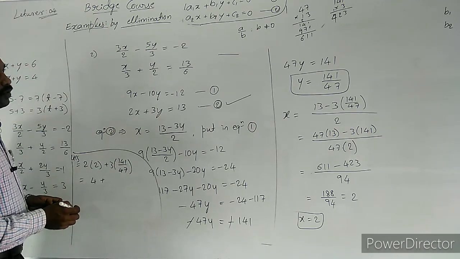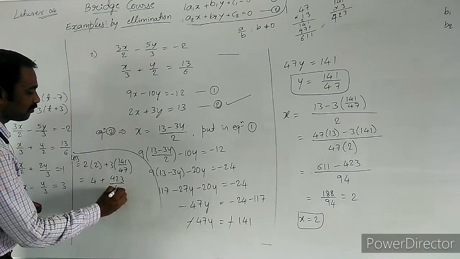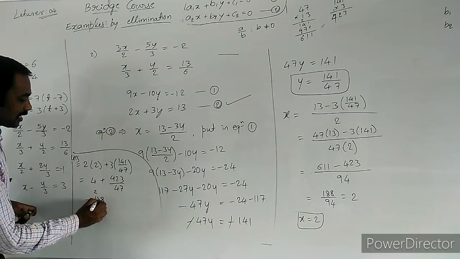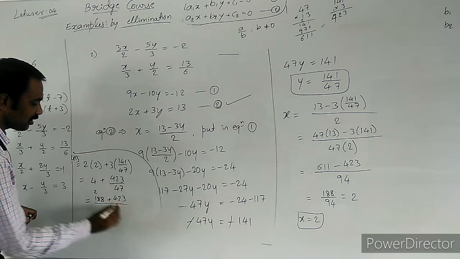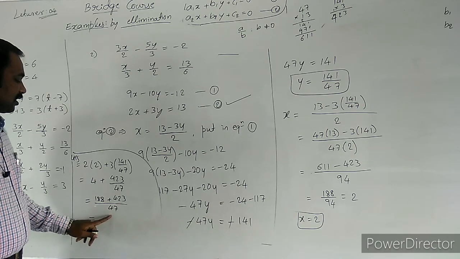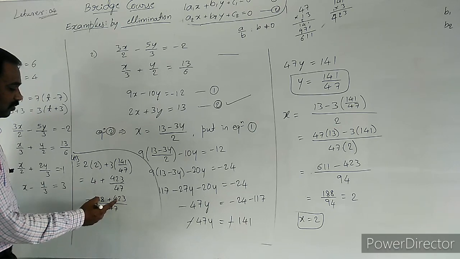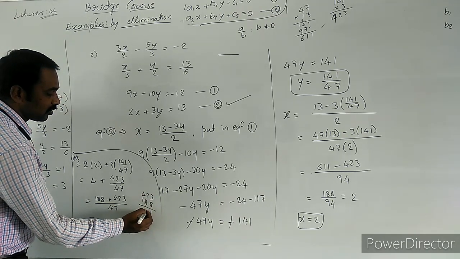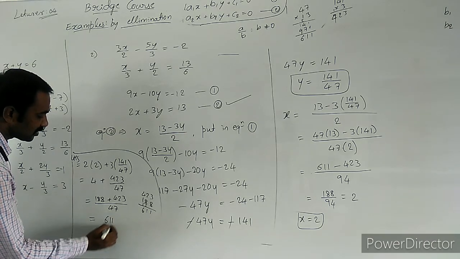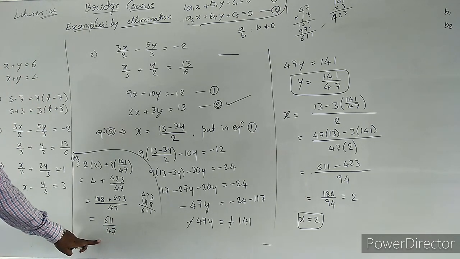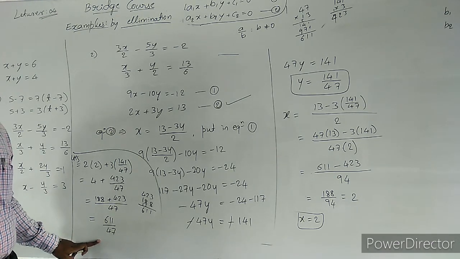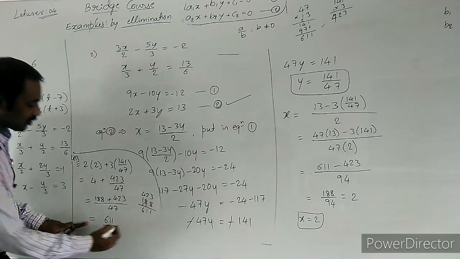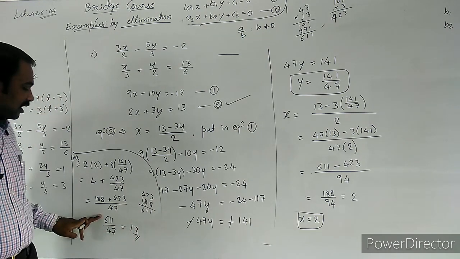So 4 plus 3 into 141 is 423, divided by 47. 47 into 4 is 188, so 188 plus 423 divided by 47. 423 plus 188 is 611. 611 divided by 47: obviously 47 will cancel, 13 times 47 is 611.